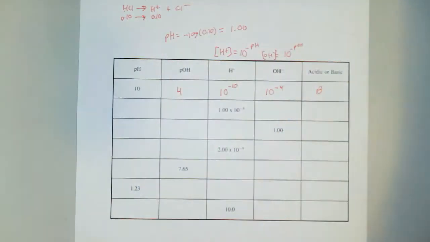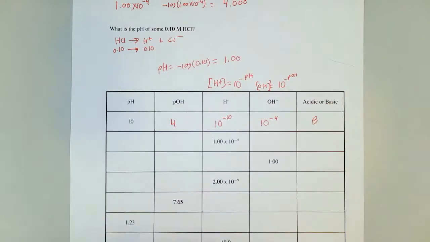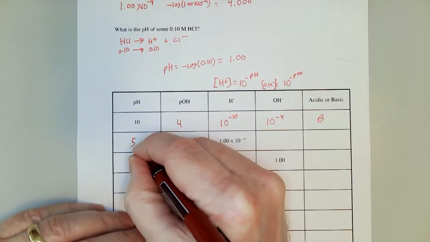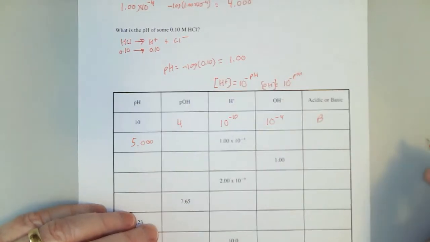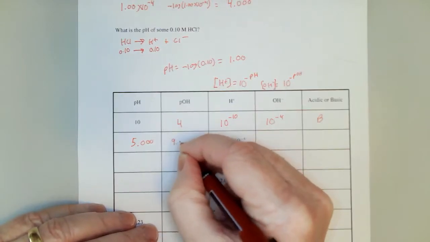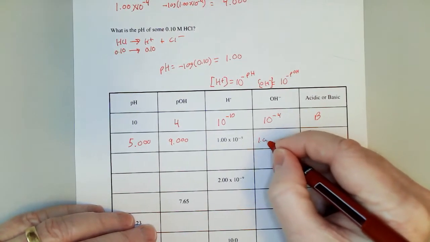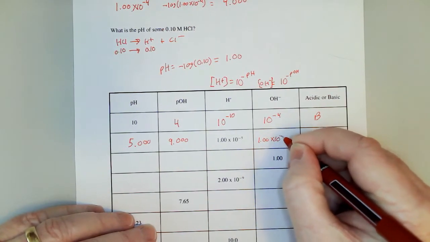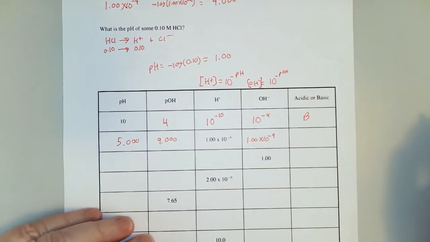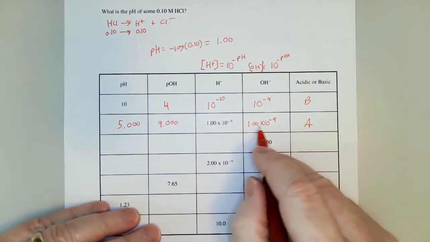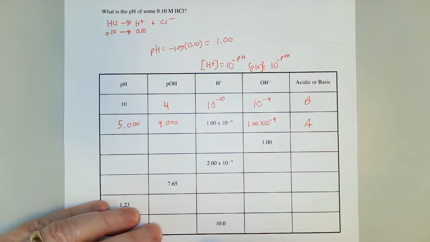And that's great, but it doesn't tell me the sig figs. This has 3 sig figs, so 5.000, which makes this one 9.000. And this must be 1.00 times 10 to the negative 9. That is an acid. The product of these is going to be Kw.